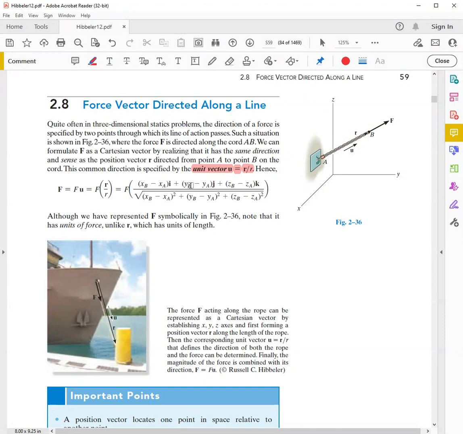We can find a corresponding unit vector associated with direction AB.